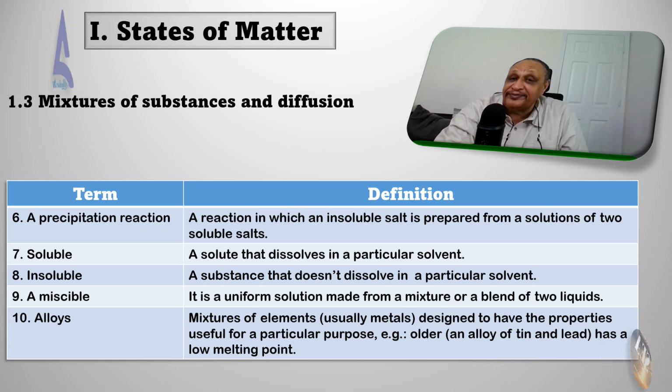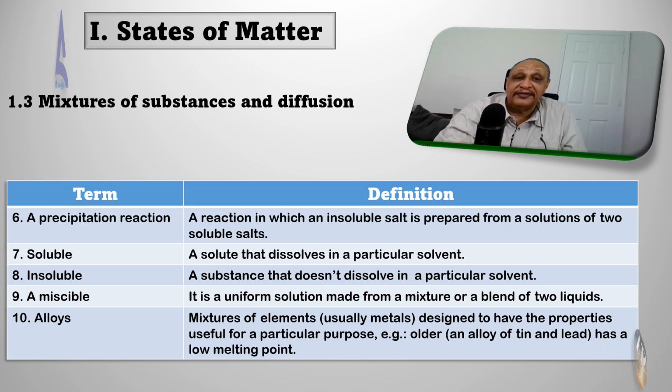Miscible: it is a uniform solution made of a mixture or blend of two liquids. So when we have two liquids that have been blended together, they are called miscible.